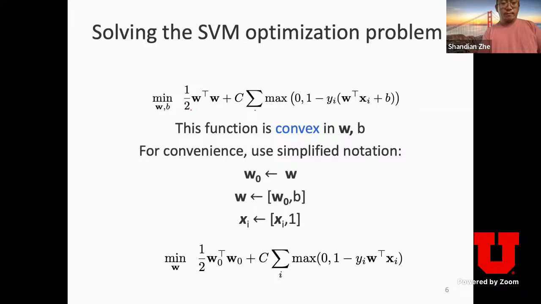So the first term is a quadratic function. A quadratic function is a typical convex function. Why? Can anyone come up with a one sentence proof to show this? Why is this quadratic function convex?